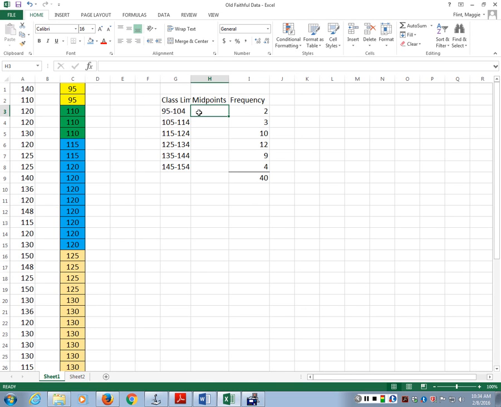But just to show you that if you didn't know what they were and you wanted to actually use Excel to calculate them, I know that that first midpoint is equal to, and I need parentheses, 95 plus 104. And I want to divide that by 2.